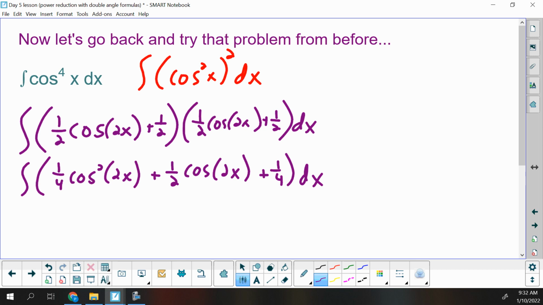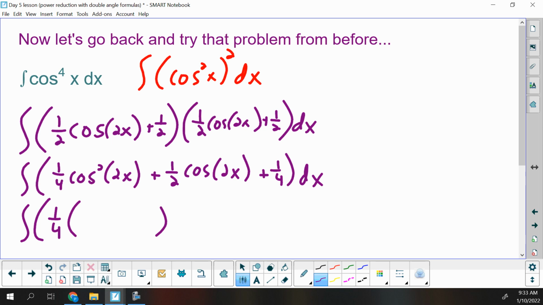We might be looking at this and thinking, well, we are trying to get rid of a cos squared, and we still have a cos squared. Well, the other two terms on the end are pretty easy to handle. Let's just do another power reduction. So we'll have 1/4. Now keep in mind when we do the power reduction, the part that's inside that cos squared gets doubled.